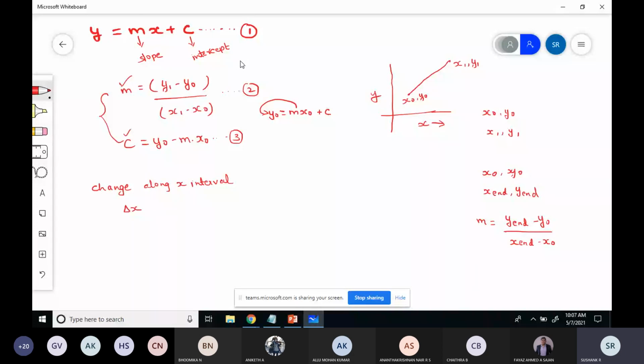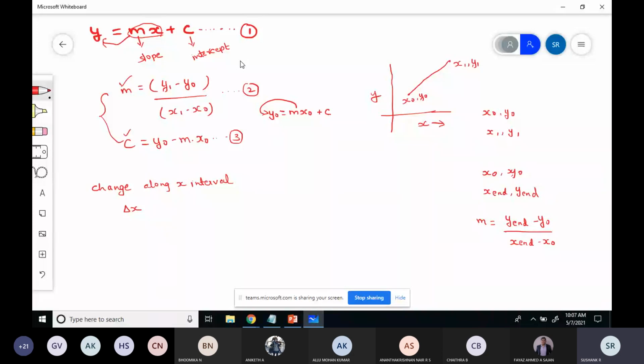So if there is a small change in delta x, from the equation you will get to know that a small change in x will also result in a small change in y, because y is dependent on the x value and the slope value. So for a given x, if there is a small change along the x interval, the value of y will also change.